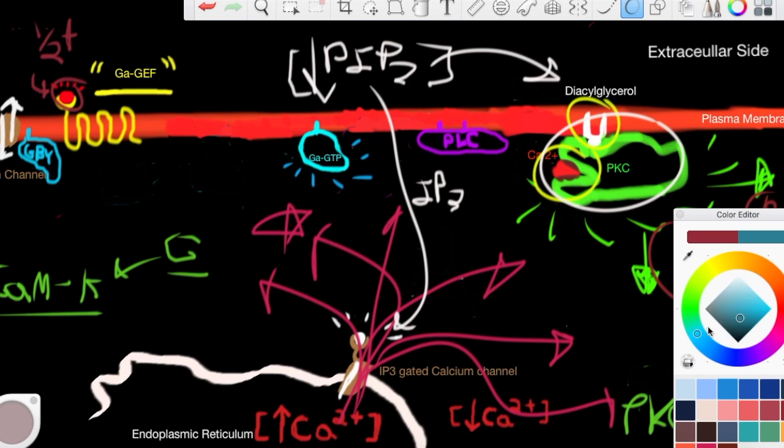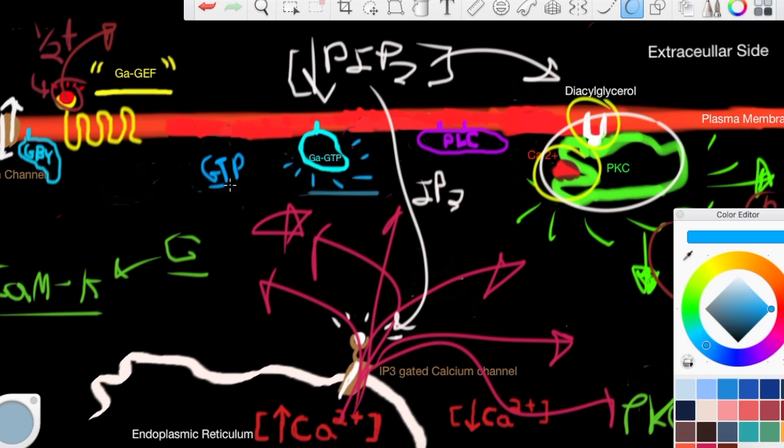So once this half-life passes for this ligand, and it pops off this GPCR, now this GPCR is inactivated. Once that happens, the G protein alpha subunit acts like a GTPase, as mentioned in the previous slides, and changes GTP to GDP.